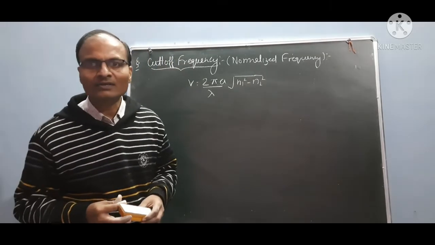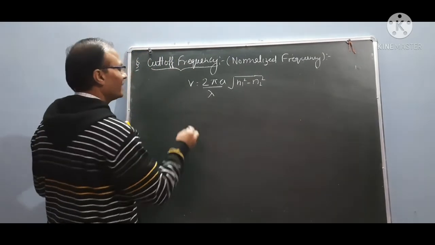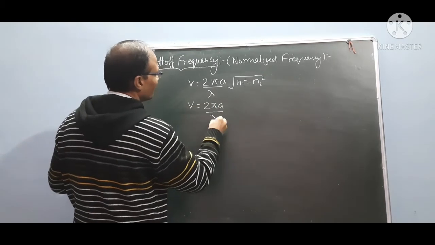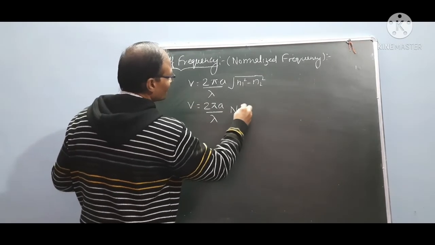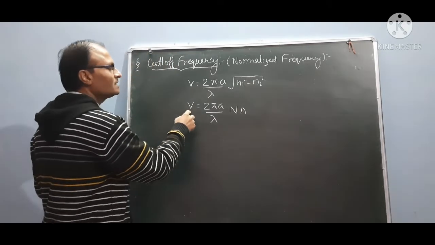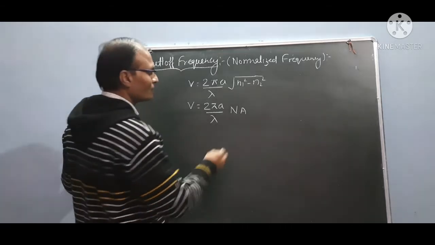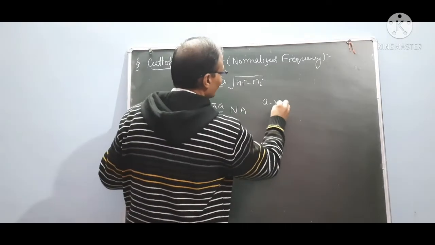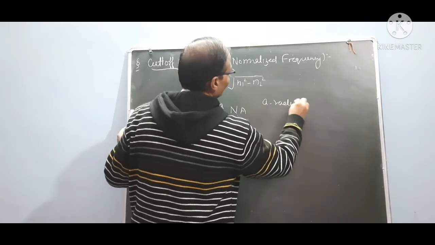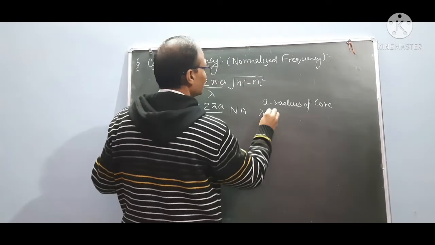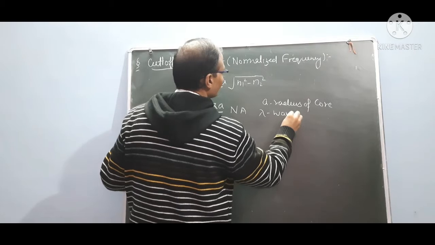Under root n1 square minus n2 square equals NA. So V equals 2 pi a upon lambda into NA. V is the cutoff frequency, a is the radius of core and lambda is the wavelength of light.